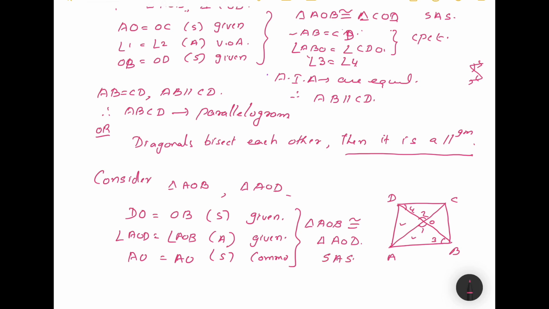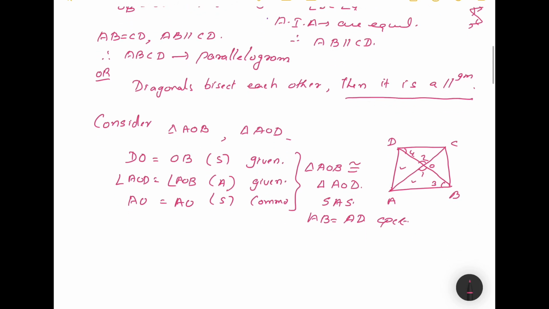From this you can write AB equal to AD, by CPCT. So in a parallelogram, if the adjacent sides are equal, it is a rhombus.